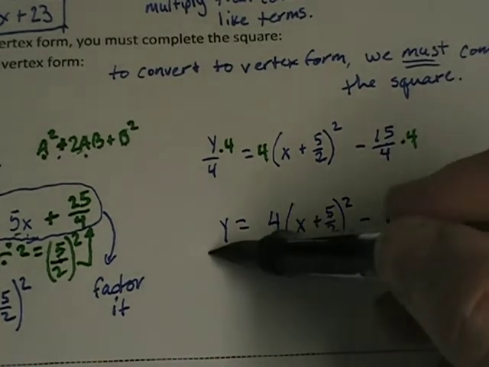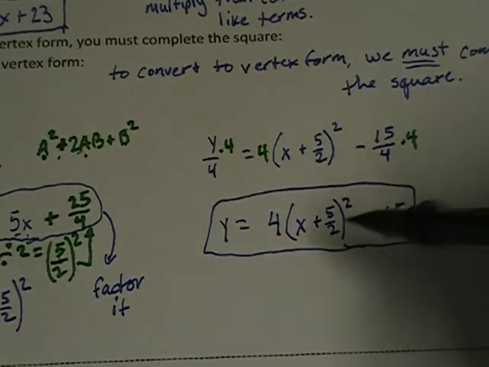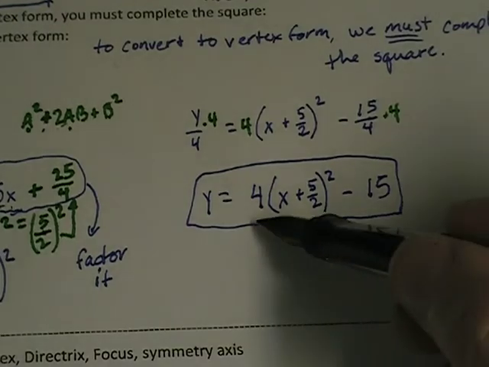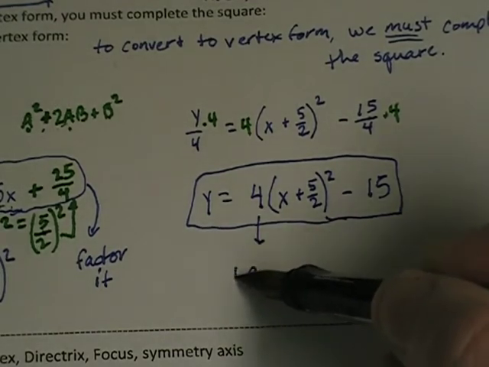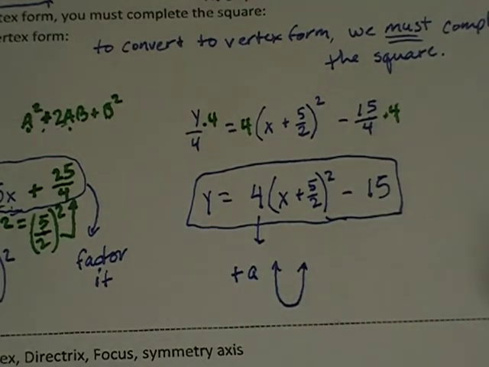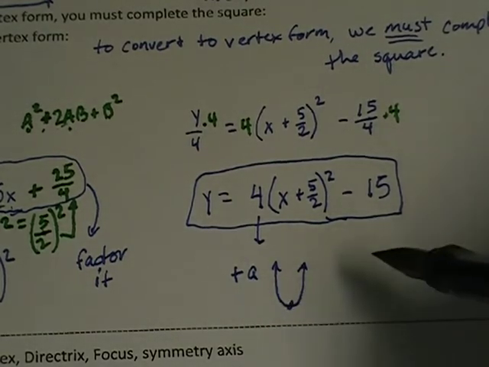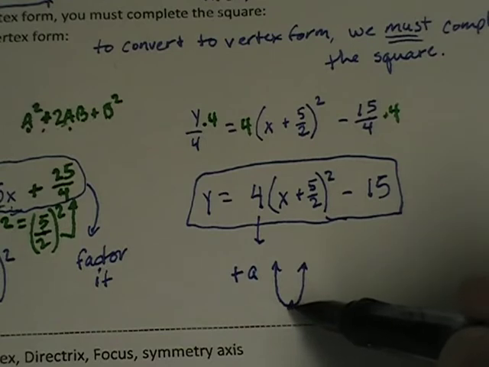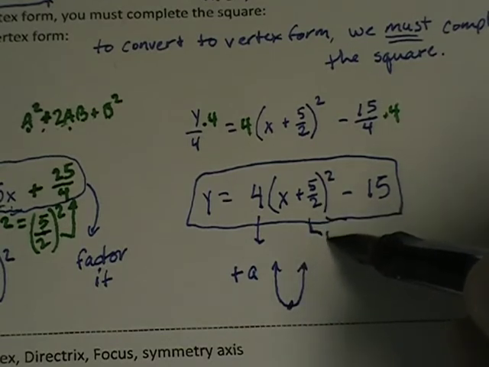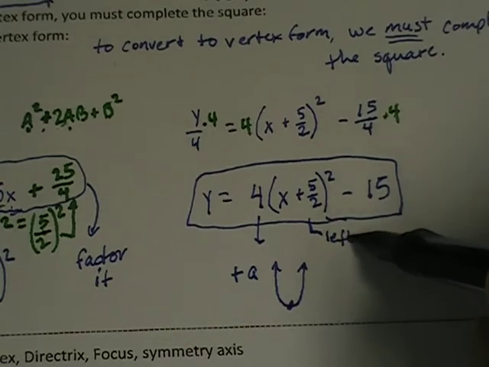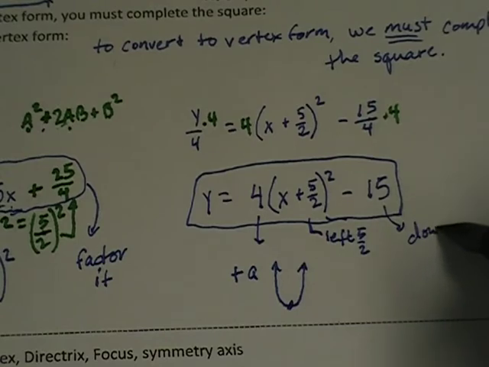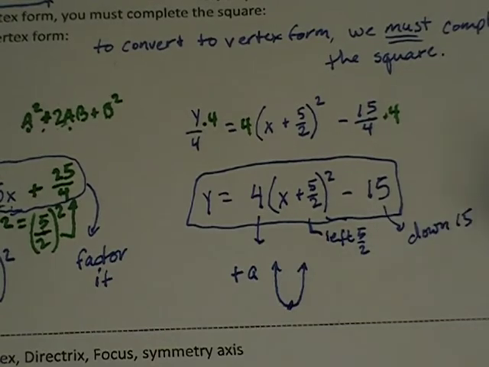This is vertex form. And from this form, right, a is positive, so we know this parabola points up, and it has a minimum. And that minimum, right, this means it has been shifted to the left 5/2 and down 15, okay?